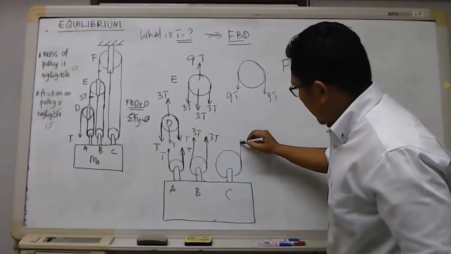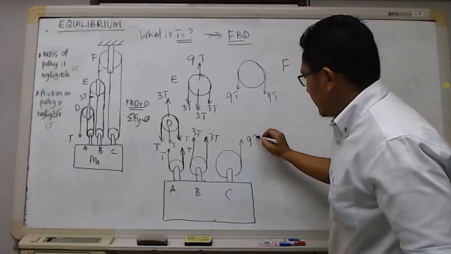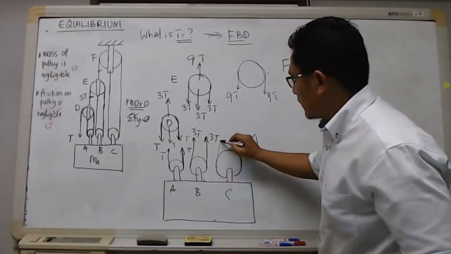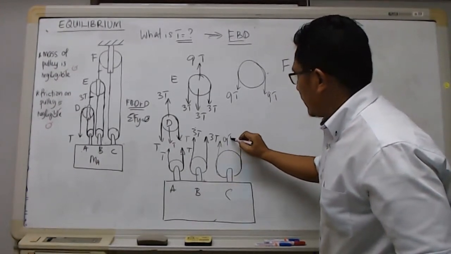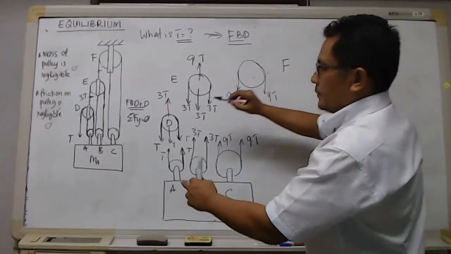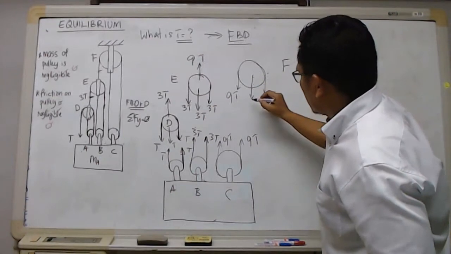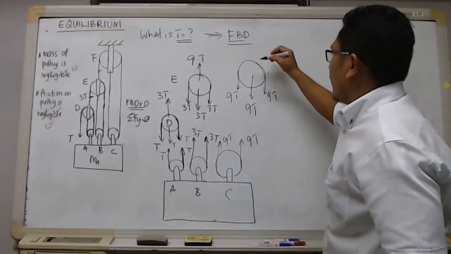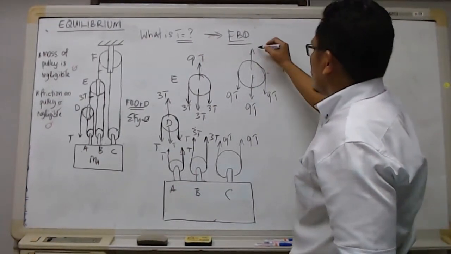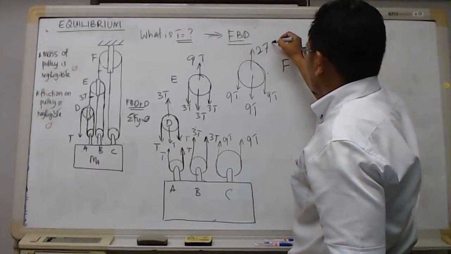So pulley C has 9T, and the same cable with 9T is connected to here. This cable is connected to the center, and of course the reaction here is 27T.